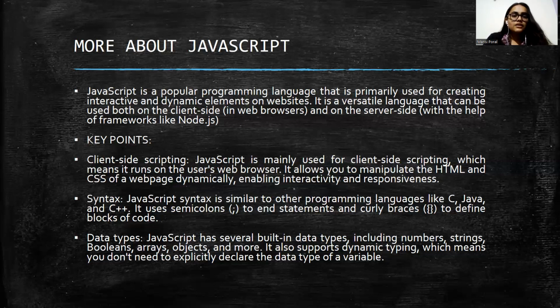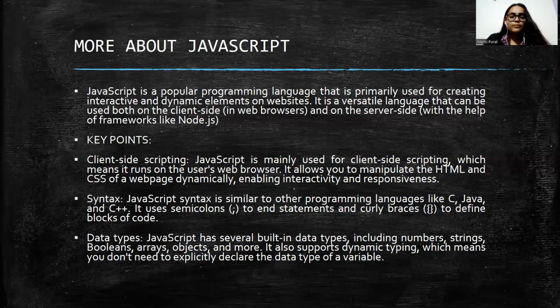So syntax. JavaScript syntax is similar to other programming languages like C, Java, and C++. It uses semicolons to end statements and it uses curly braces to define blocks of code. So we have data types in JavaScript. JavaScript has several built-in data types, including numbers, strings, boolean, array, objects, and more.